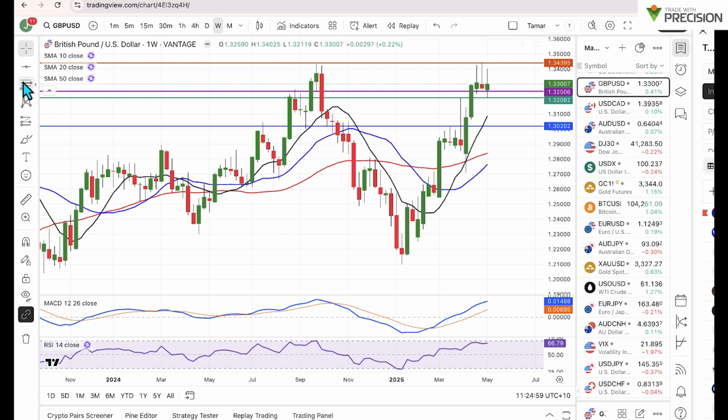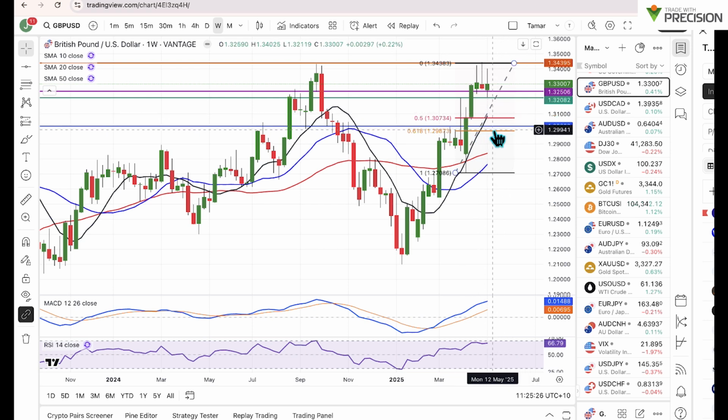Now let's add the Fibonacci retracement to the weekly chart, and we can see here that we've got the area of 1.3, a round number and a strong level of support and resistance in the past, clustering quite nicely with the buy zone, the area between the 10 and the 20 moving averages, and the sweet spot, the area between the 50 and the 61.8% retracement.